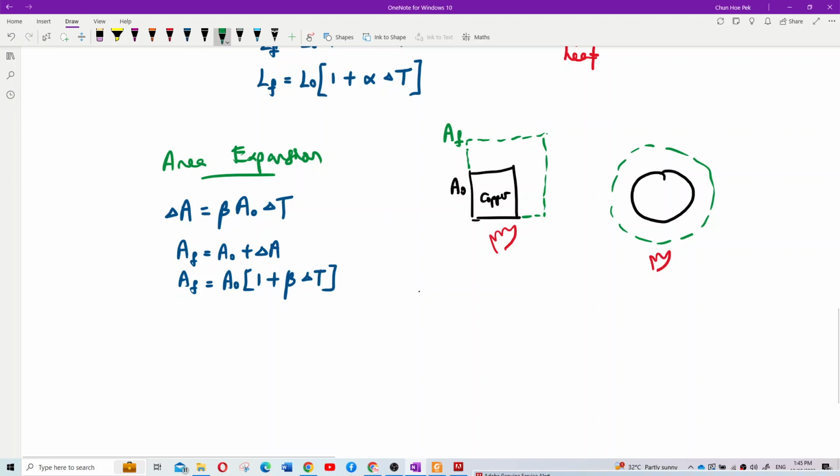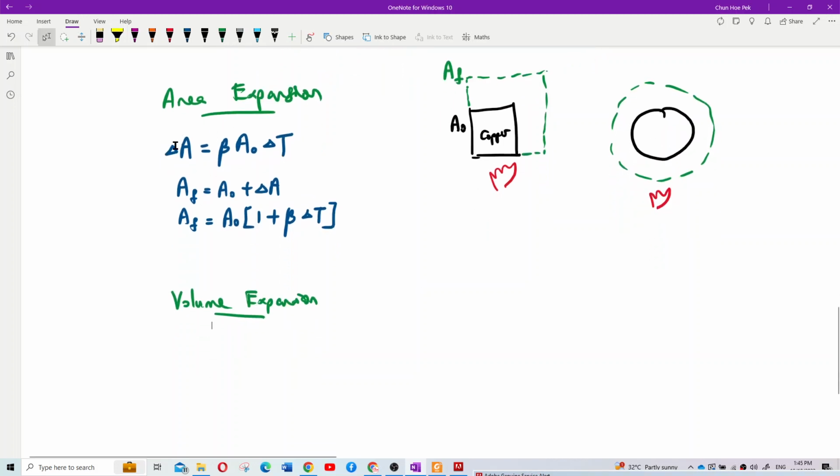How about volume, class? Volume expansion. We also have volume expansion. So that was the area expansion formula. If it is volume, how do we draw a volume? A cube.